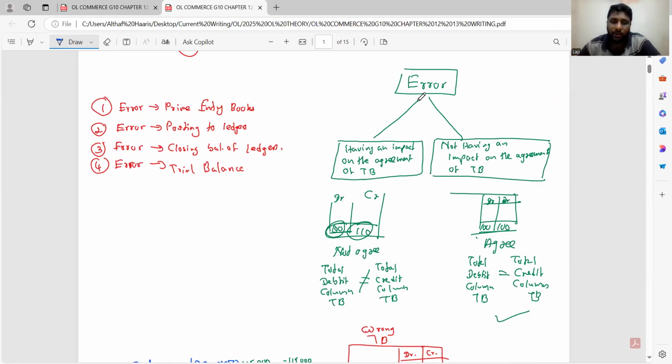And then I told you there are certain errors which you can find through the trial balance itself, because the trial balance is not balanced. So don't ever think just because your trial balance is balancing, your accounts are correct. Even if your trial balance balances, your accounts can be wrong.